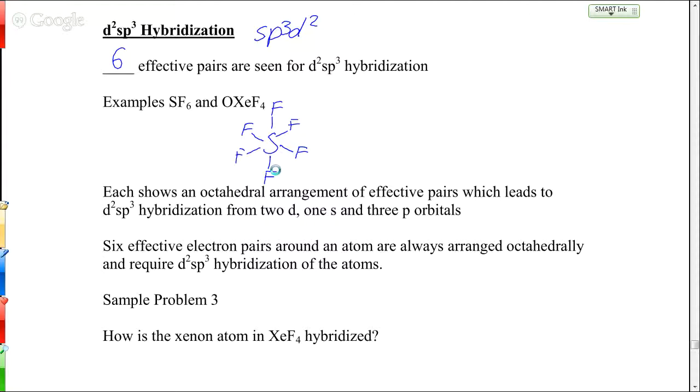So the take home on this is that even though the hybridization stuff gets kind of tricky to think about and how these things are hybridizing, and that's fine, and we can get into it more, but the important thing to realize is that you can always determine the hybridization just by looking at the number of electron groups. It's good to understand what's going on and where the hybridization comes from and why and all that stuff. That's great. But in order to determine the hybridization, all you need is the number of electron groups.